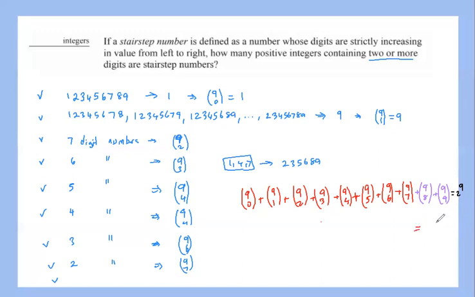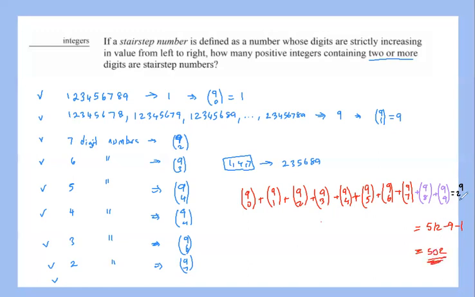So 2 to the 9th power: 2 to the 10 is 1024, and then this is 512. And then 9 choose 8 is the same as 9 choose 1, which is just 9. 9 choose 9 is 1, so that should be just 1. If I subtract these two from 2 to the 9, I will get what I want, which is going to be 10 less than this, which is 502. And then this is the answer.